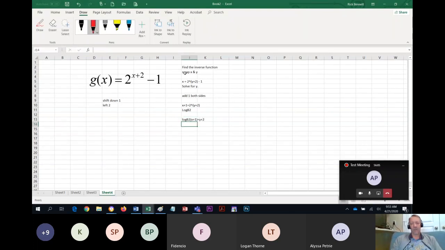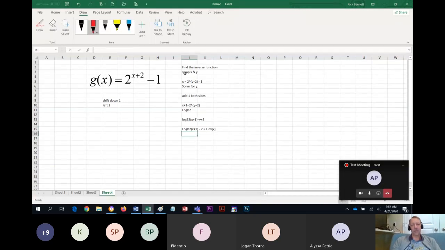Okay. Now, if I get that y all by itself, I need to subtract 2. So this is going to be log base 2 of x plus 1, and then I'm going to subtract 2 equals, now I've got f inverse of x.